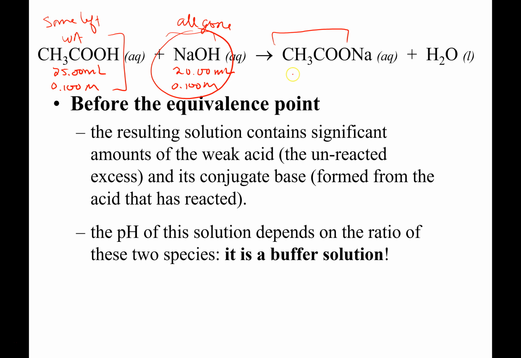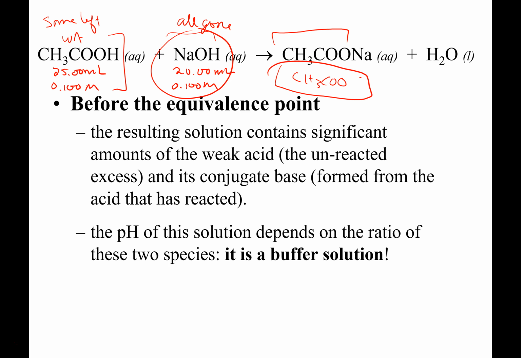Now, what this over here is CH3COO minus. That is your conjugate base of your CH3COOH. So you can see here that what you have created, not a monster, but a buffered solution.